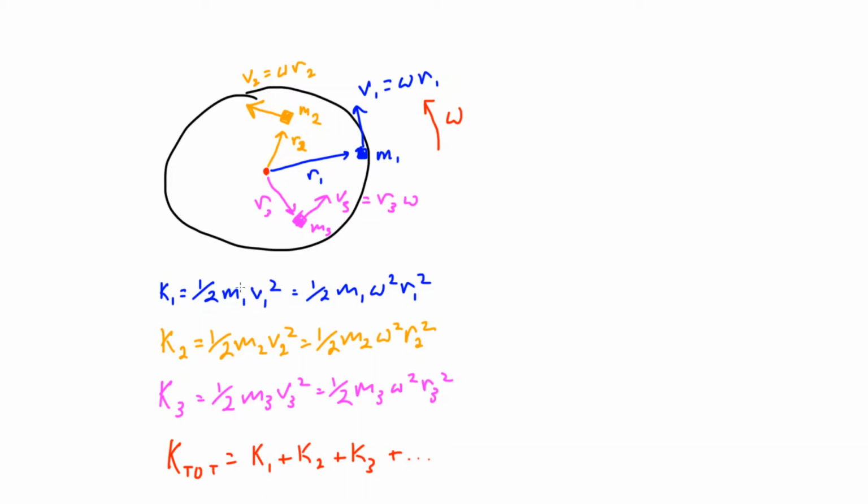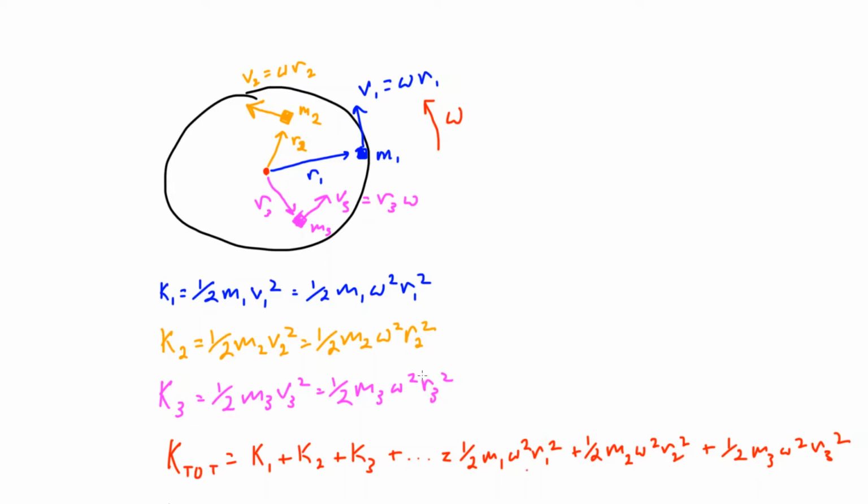I just picked 3 random chunks, but I have to do this for every single chunk in the wheel. I can write this as 1/2 m1 omega squared r1 squared plus 1/2 m2 omega squared r2 squared plus 1/2 m3 omega squared r3 squared.